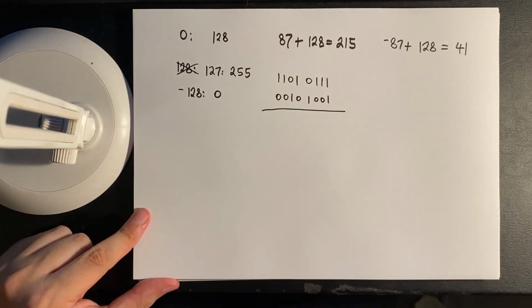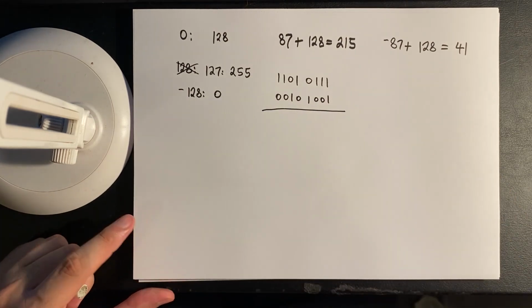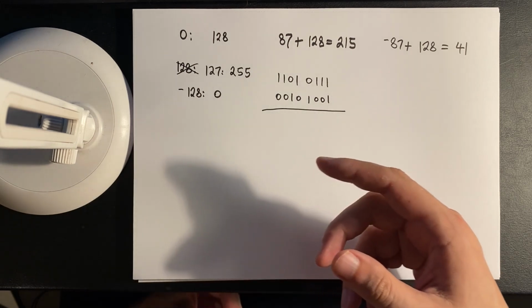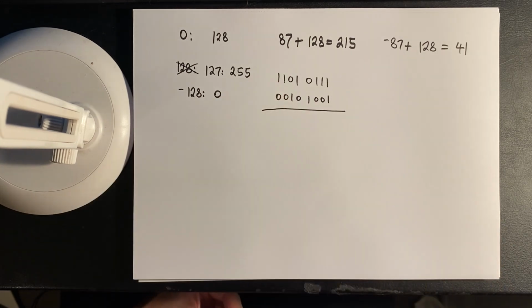Now, what this does is, whereas with 1's complement and 2's complement, it is a little hard to compare numbers, on the other hand, it's very easy to compare numbers under XS128. It's very easy to see which number is bigger than which, because it's a natural ordering. It's still what we're used to.